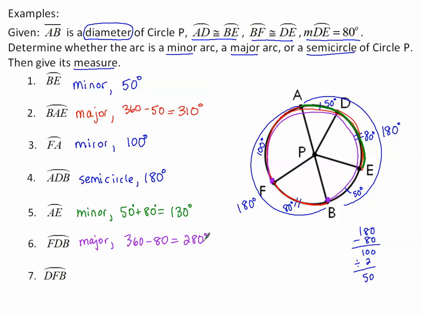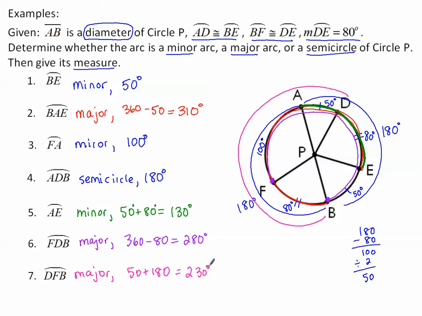Oops, fix that. 280 degrees. DFB. Let's look at where that is. D and then F and then B. So starting at D, going to F and then B. So that time it's a 50 put together with a 180. So 50 plus 180. Now I know I'm adding 180, so that's going to be a major arc too, because it's more than 180, to give us 230 degrees.